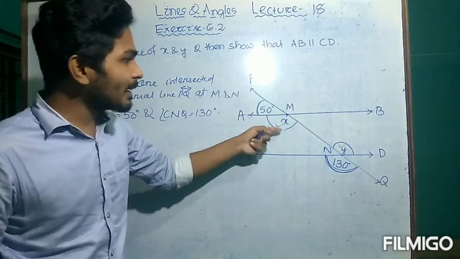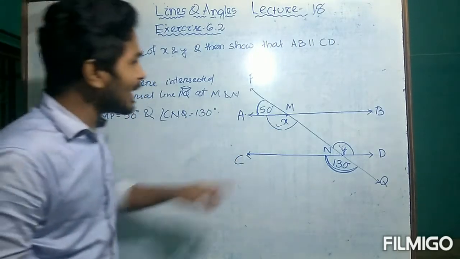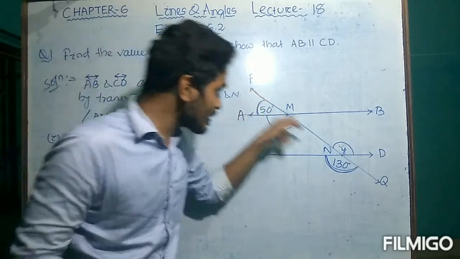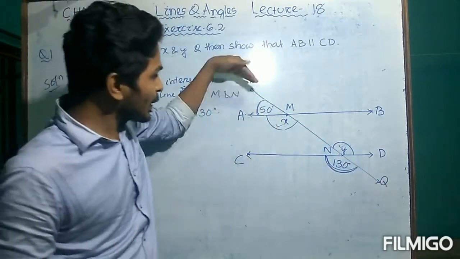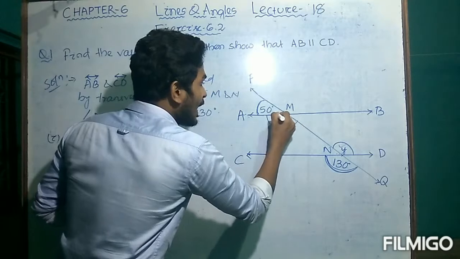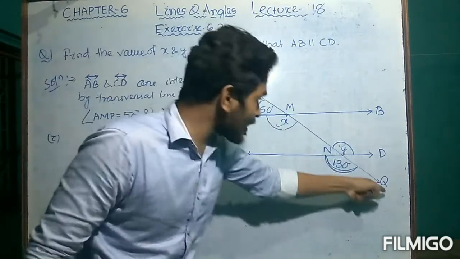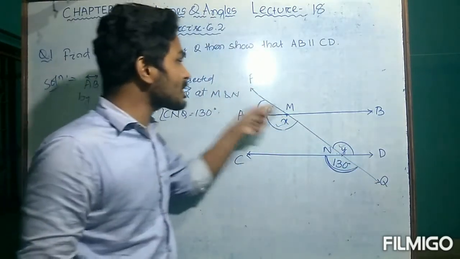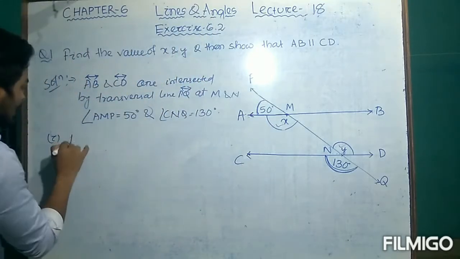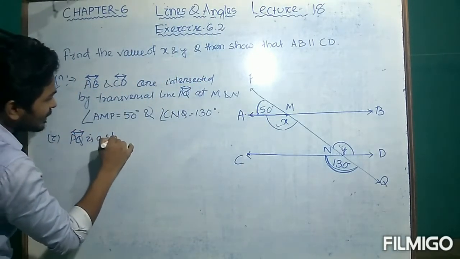Let us first find the value of x. In order to find x, we first consider the straight line PQ. PQ is a straight line, and on this straight line, MA is a ray. Yes, this is the straight line, and MA is the ray which stands on it.